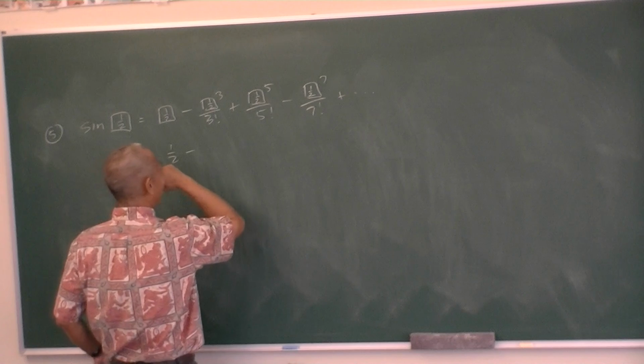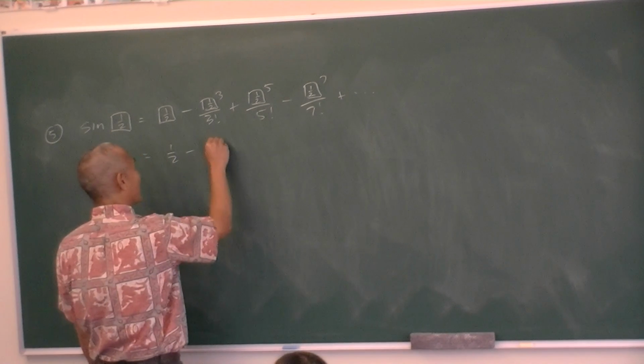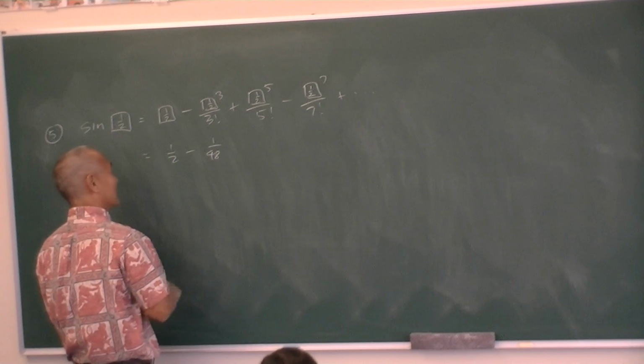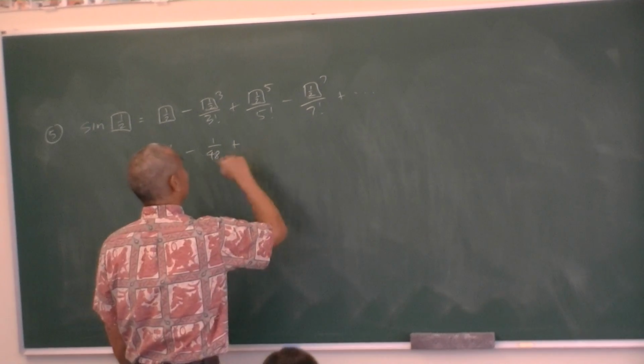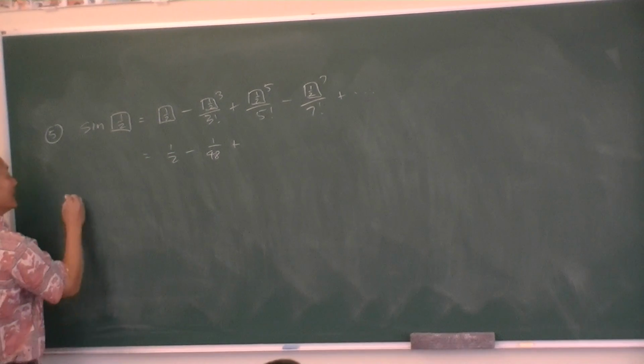Okay, so that's 8 times 6. That's 48. Is that less than 1 over 10,000? No. Okay, so 32 times 120.